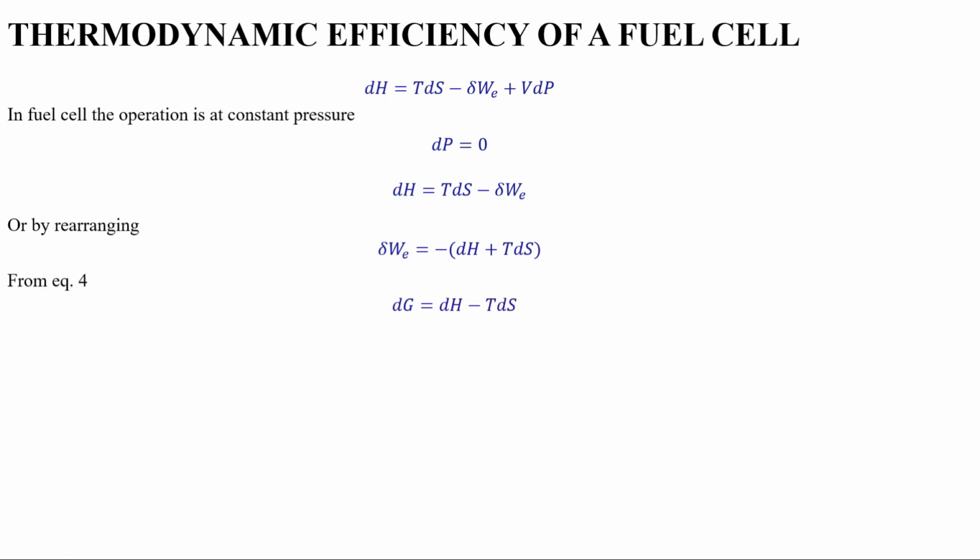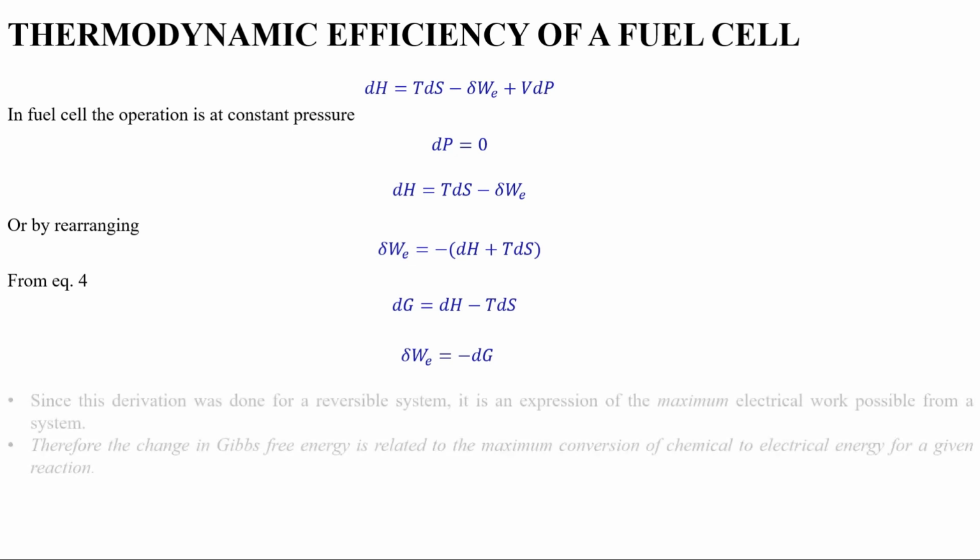From equation 4, the differential change in Gibbs function is dH minus TdS. So we can replace dH minus TdS by dG, so maximum electrical work will be the negative of dG.